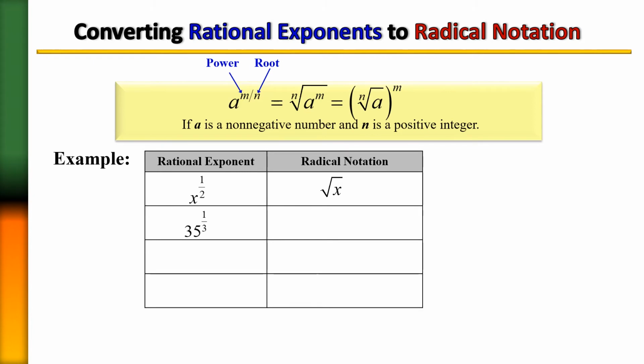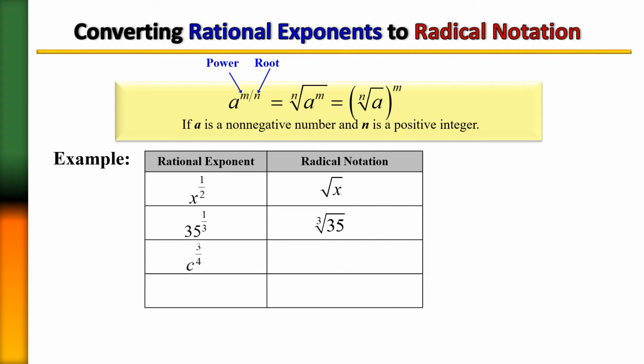You only write the numbers that are greater than 1. The bottom is a 3, which tells me I'm going to be dealing with cube root, because a 3 represents cube root. And so we simply write the cube root of 35. And there you have it. We've written it in radical notation form.